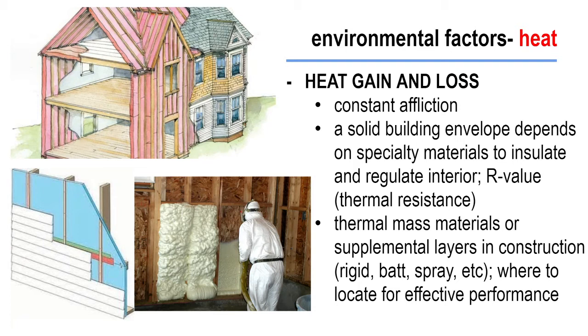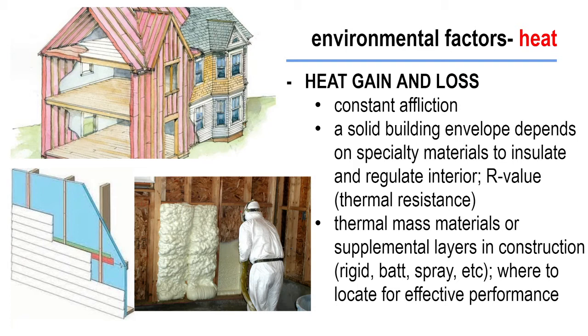With a little bit more money up front, because they do cost more than batt insulation, you can conserve more energy and ultimately save money on your bills in the long run. So not only are you saving money, but you're also using less energy, which comes into play environmentally as well.